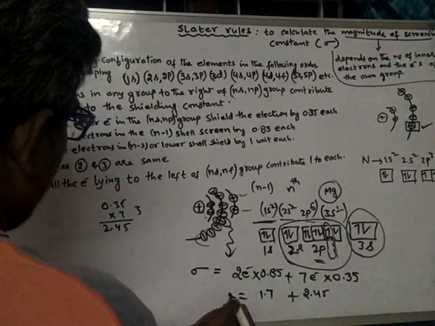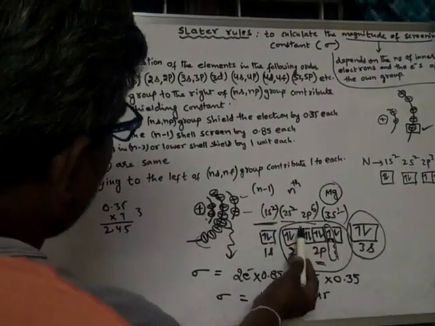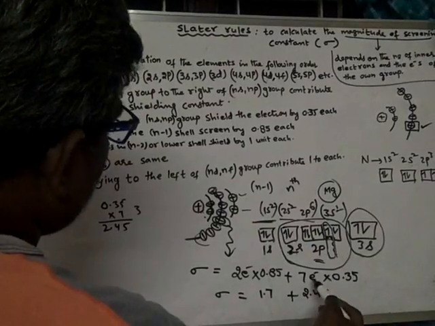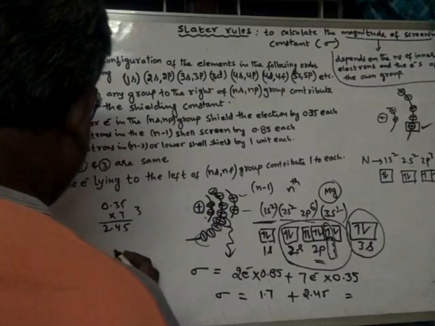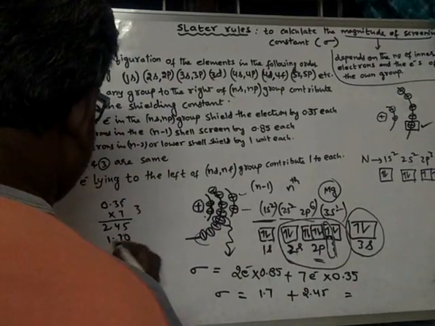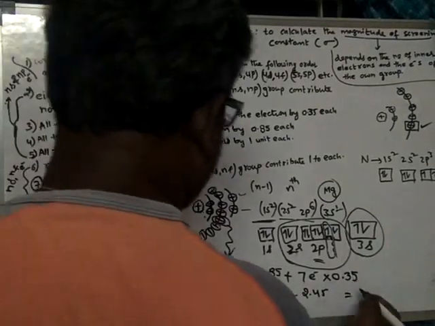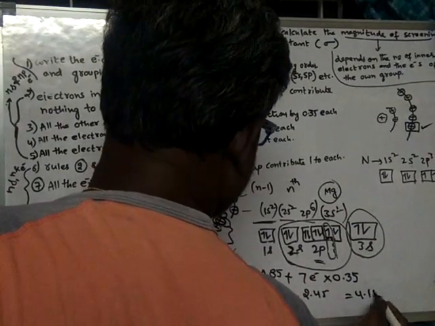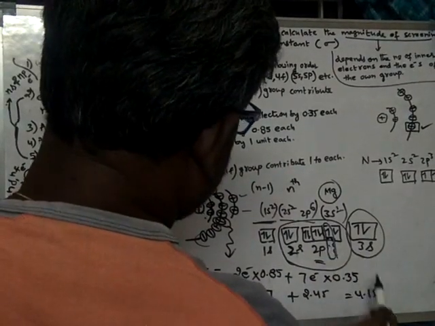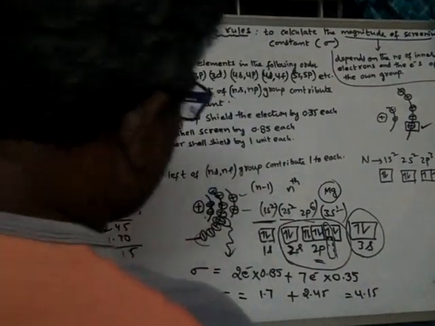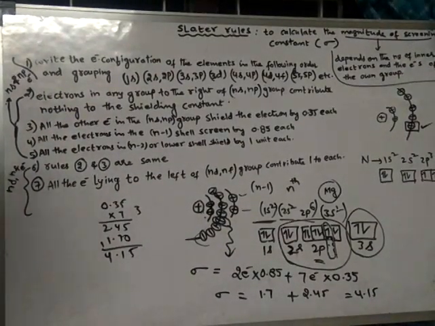So altogether, upon adding this, the screening constant shown by these electrons and even the other electrons, finally we will get the value of 4.15. Altogether, the screening constant shown on this electron is how much? 4.15. Screening constant shown on this electron is 4.15. Right.